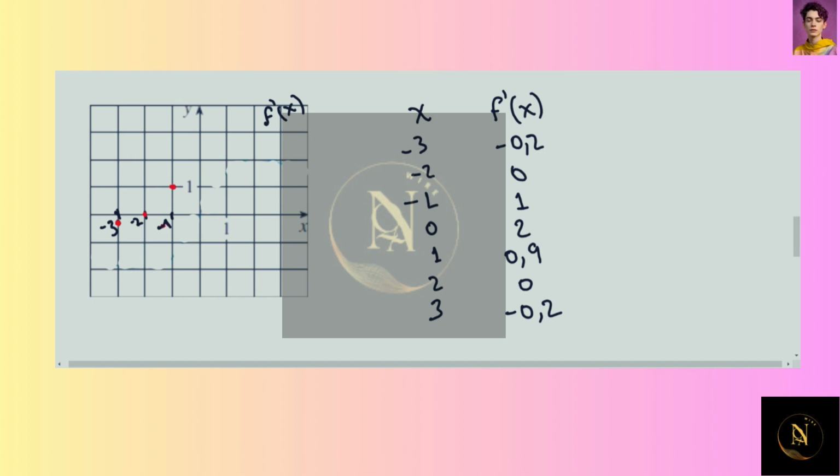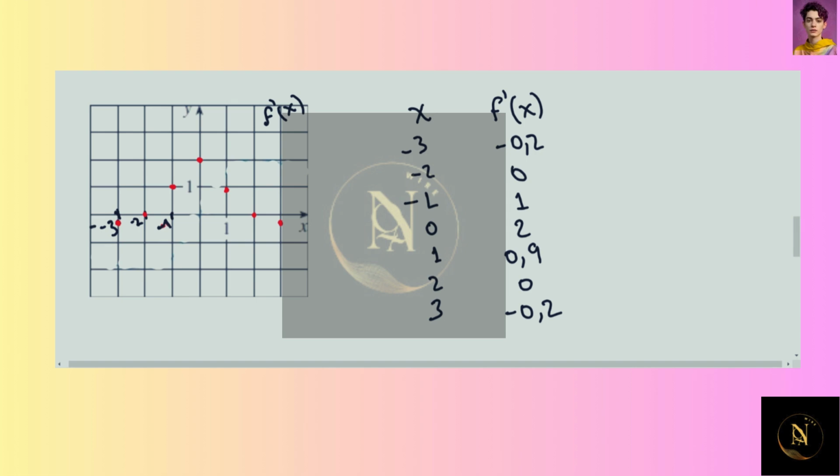For 0, it's 2. For 1 it's 0.9. We're going to put it kind of in here. For 2, it's 0. Again, 0 in here. And for 3 it's minus 0.2. So we have attained almost a very symmetric function.